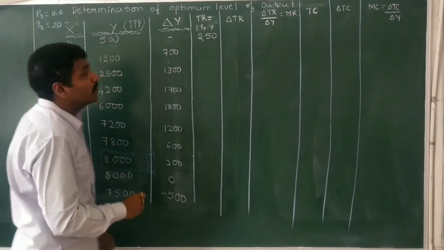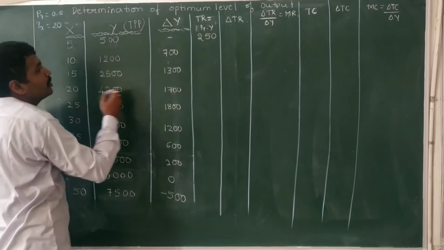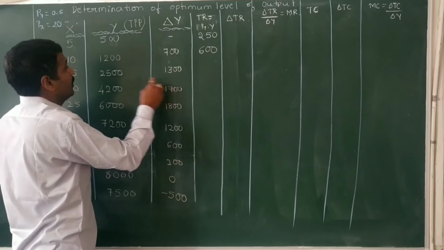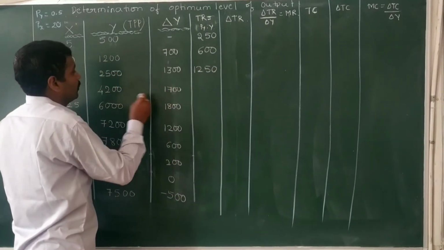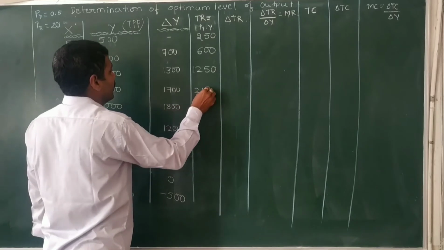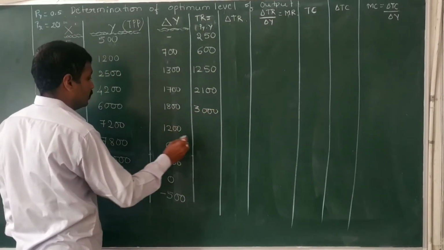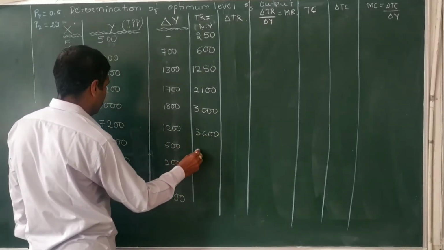Is it not? Because we have multiplied 500 with 0.5. 1200 with 0.5, it used to be 600. Okay, 1250, 2100, 3000. It used to be 3600. This used to be 3900.